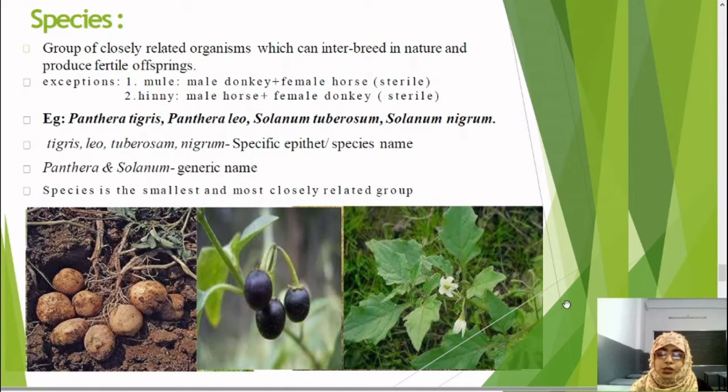Similarly, in the plants, the genus name remains the same, but the species name changes, that is tuberosum and nigrum. Nigrum is black nightshade, that is nothing but blackberries. So these organisms change their names according to their species name and genus name.